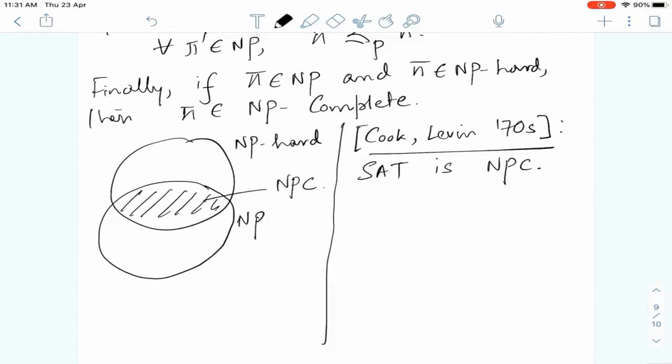So if you give me any NP problem, then I can show a polynomial time reduction from that problem to satisfiability. Of course, this proof is way beyond this course. It needs the ideas of Turing machine, and it will heavily use this concept of a polynomial time verifier and all that. But yeah, so one can prove such questions.